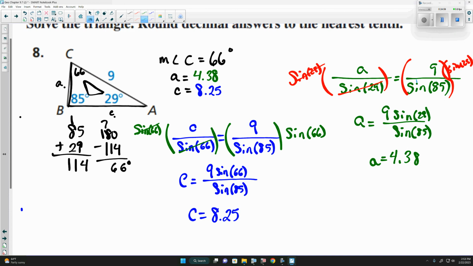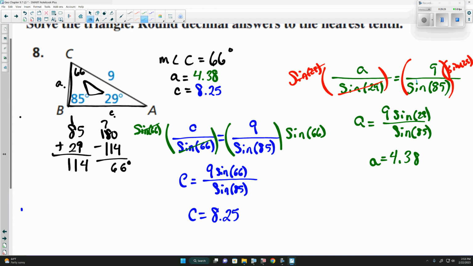With the measures of the angles, does having side length A be 4.38 make sense? Well, 85 degrees is the biggest angle, yes? Angle A is about half of that angle. So 4.5 is half. So it does make sense. They're kind of proportional.